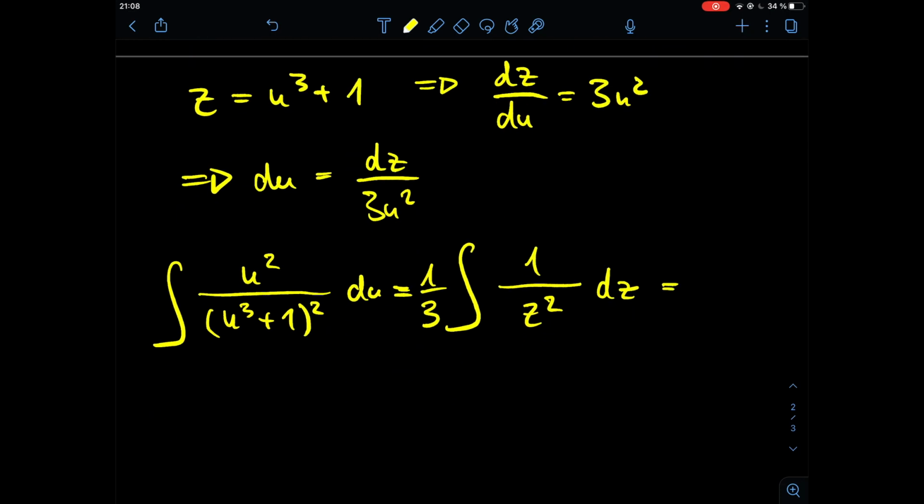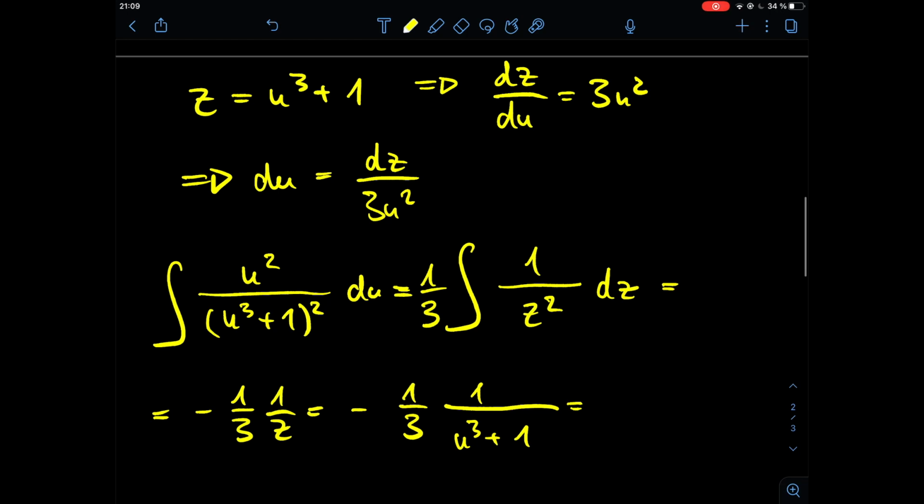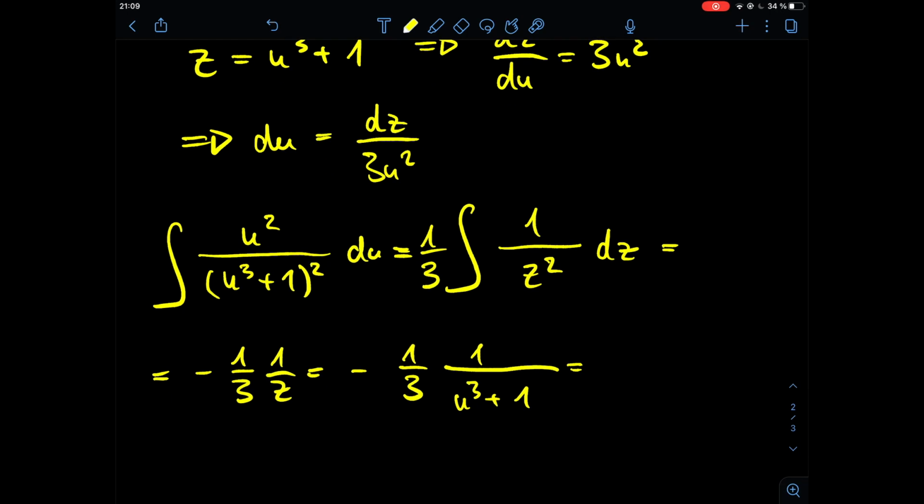Now we solve this integral, which is rather easy, which is just minus 1/3 times 1 over z, and then we plug in what z is, which is u to the power of 3 plus 1, so we have minus 1/3 times 1 divided by u to the power of 3 plus 1. To get our final solution we just plug in what u has been, and we substituted u with the tangent of x, so our final solution is minus 1/3 times 1 divided by tangent cubed of x plus 1.